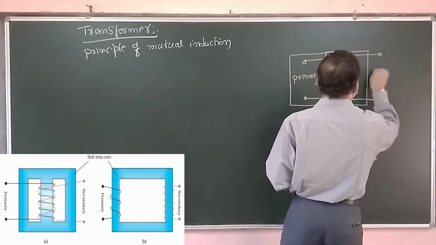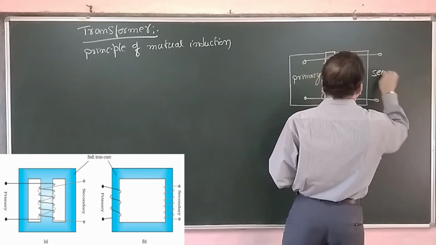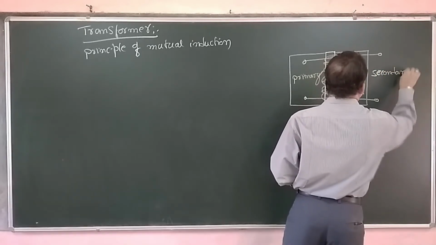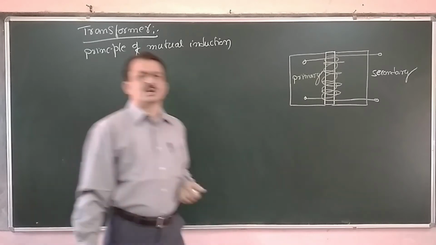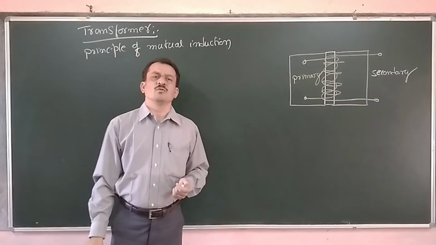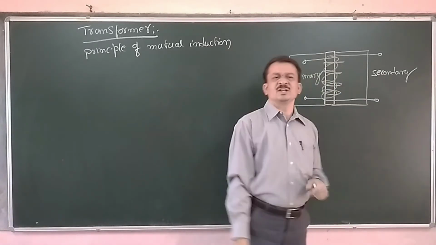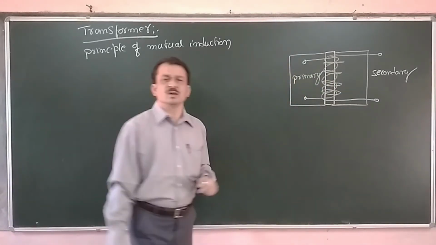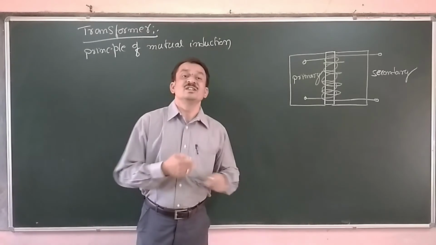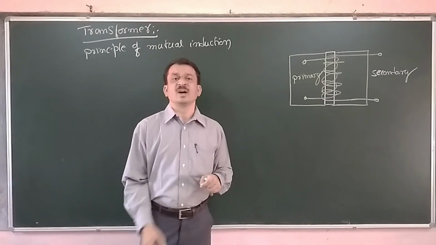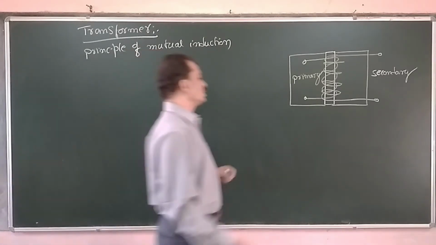That other coil is called secondary. The transformer consists of two coils. One is the primary coil, over which another coil is wound, called the secondary coil. Now both these coils are insulated from each other.